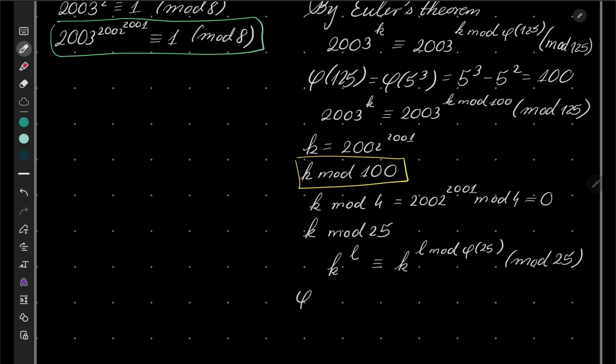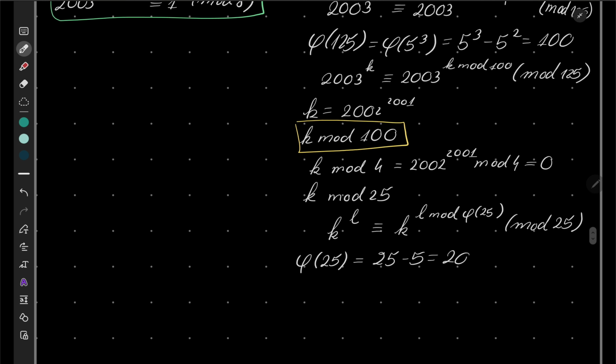What is phi of 25? Phi of 25 is 25 minus 5, which is 20.